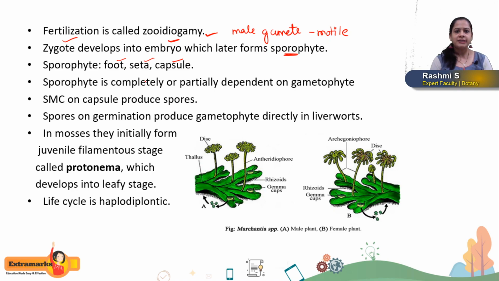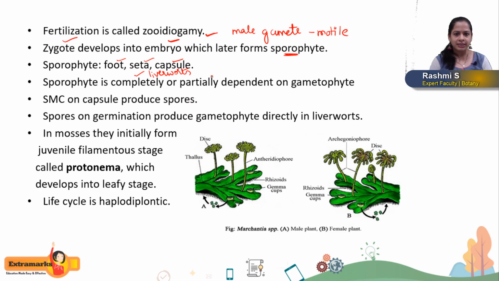The sporophyte is completely or partially dependent on the gametophyte. This is a very important sentence. The sporophyte is dependent on the gametophyte in bryophytes. The sporophyte is completely dependent in the case of liverworts, that is Marchantia, both for food and shelter.